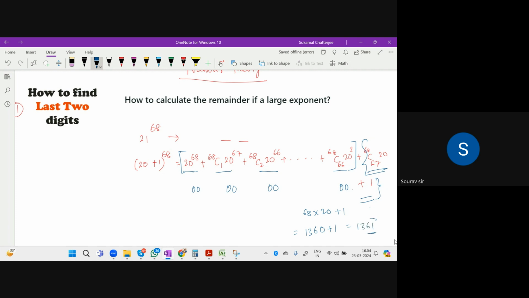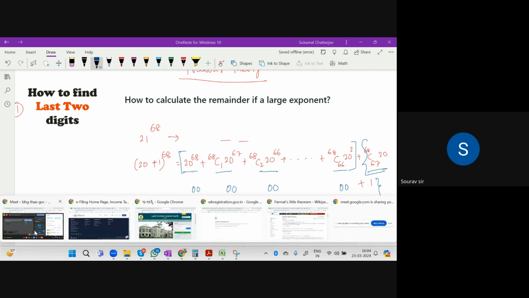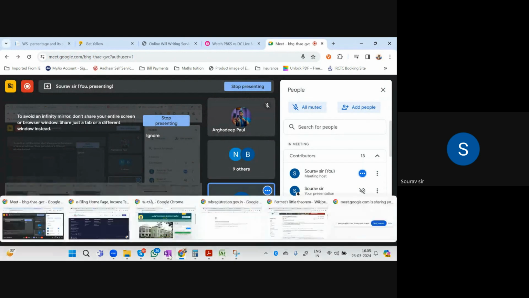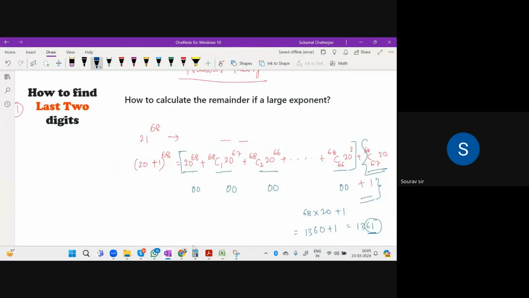So the last two digits will be 61. Everyone understood this logic? Yes, sir.